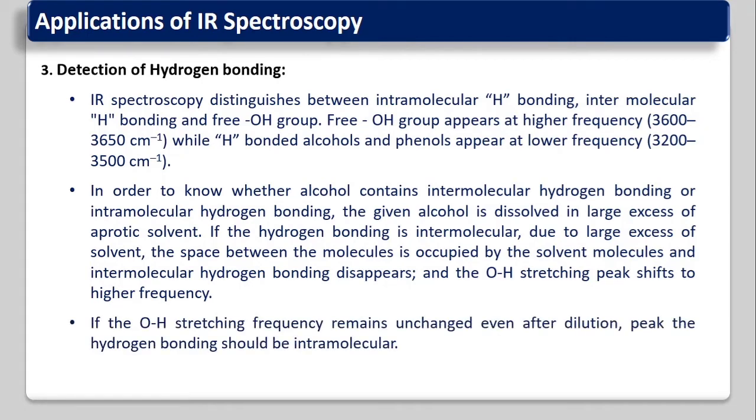If the OH stretching frequency remains unchanged even after dilution, the hydrogen bonding should be intramolecular. So in this way, for the detection of either intermolecular or intramolecular hydrogen bonding, we can use IR spectroscopy.